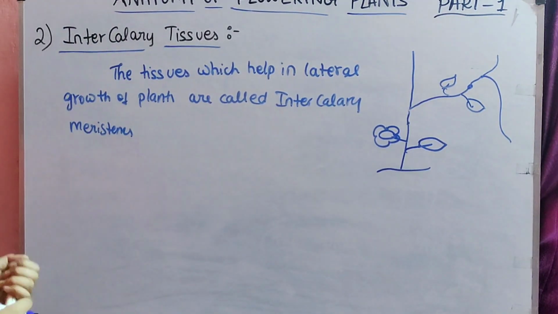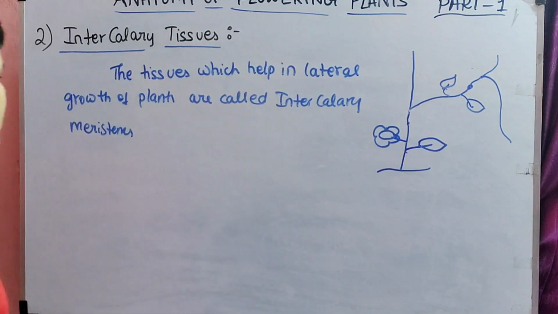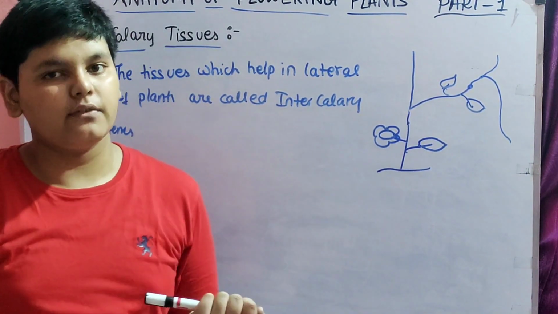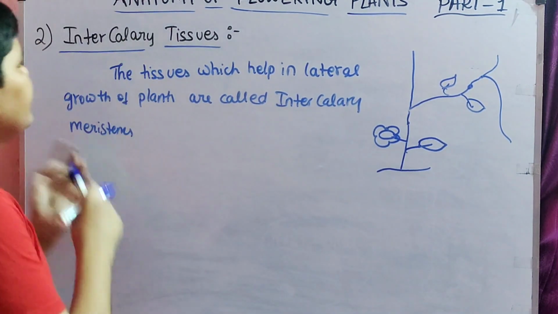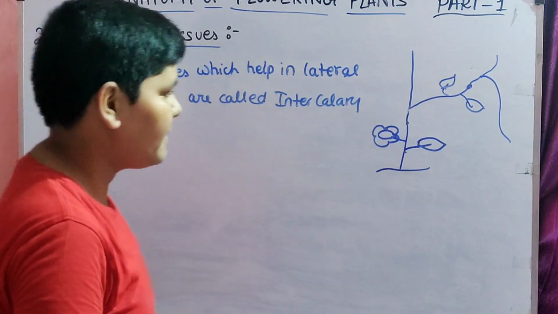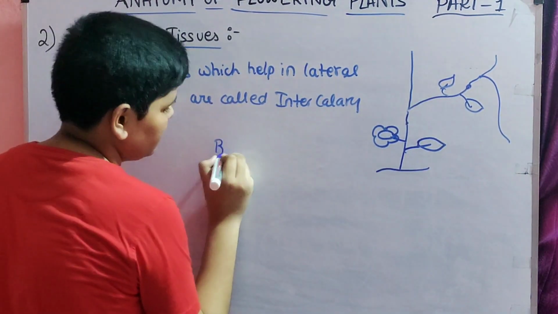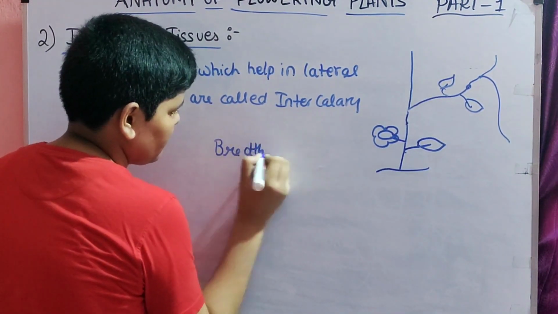So apical meristem helps in increasing the length or height of the plant, and intercalary meristematic tissues help in increasing the breadth or girth.